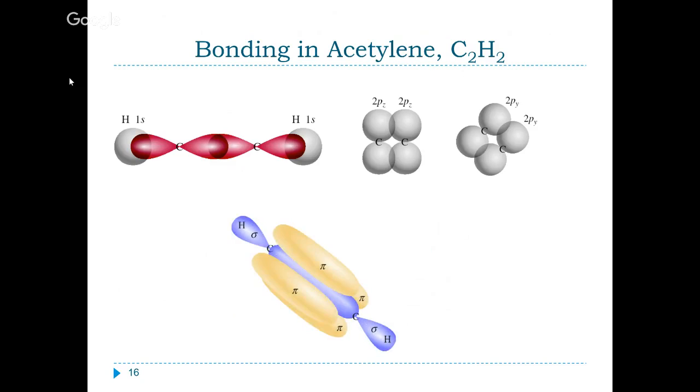So this allows for this hot dog looking thing, which is showing your two pi bonds that form in acetylene, because acetylene is going to have triple bonded carbons in it. So our sigmas go along the axis of our sp orbitals, and then it's basically like we're going above and below and then wrapping around to the sides so that we can accommodate these electrons in our pi bonds.